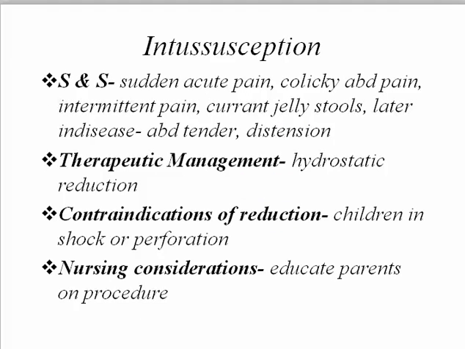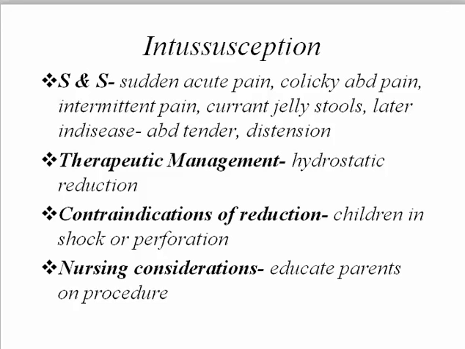Okay, so the signs and symptoms then: they'll have sudden acute pain, colicky abdominal pain, which can be intermittent, and they'll have currant jelly stools. Later in the disease they'll have abdominal tenderness and distension.